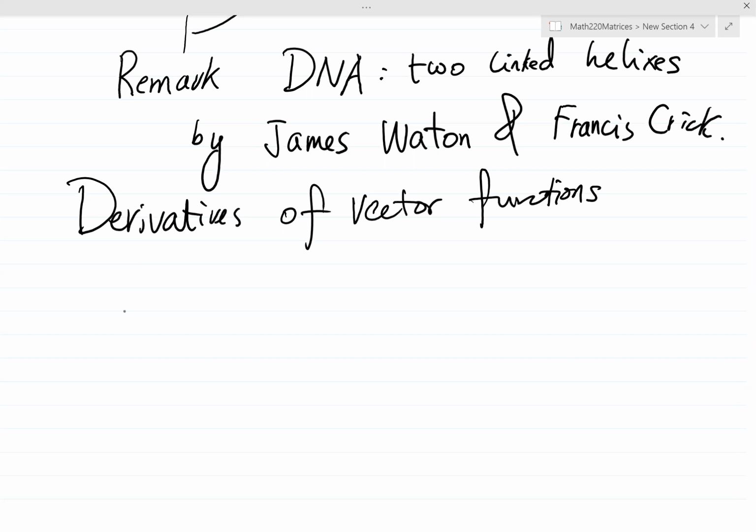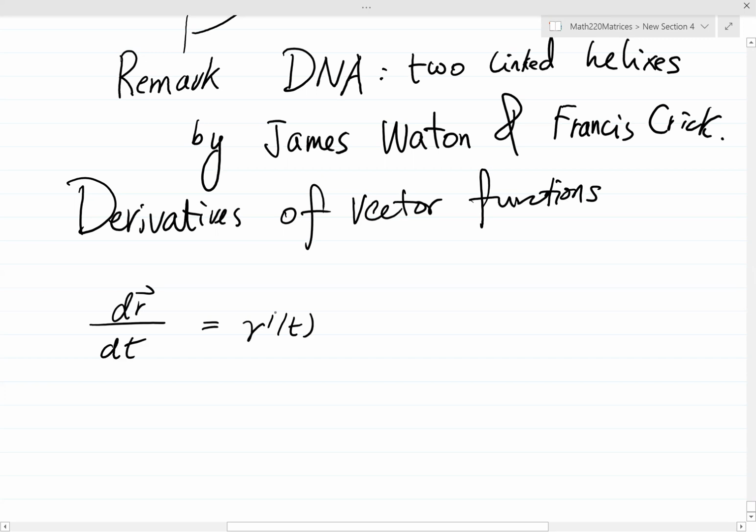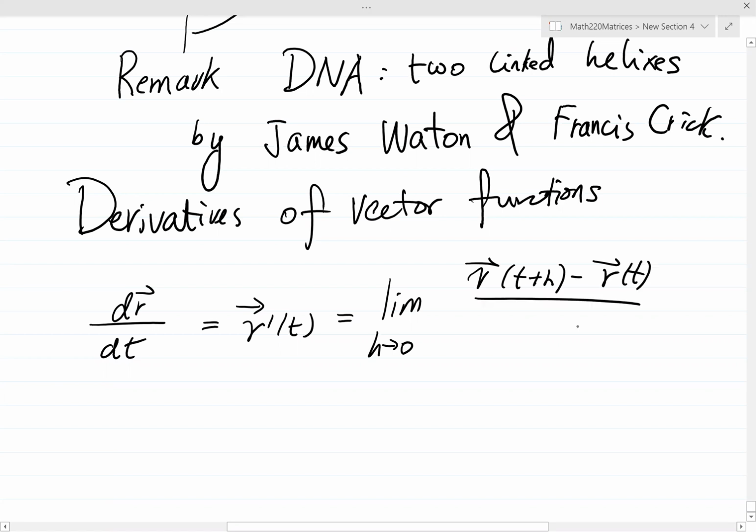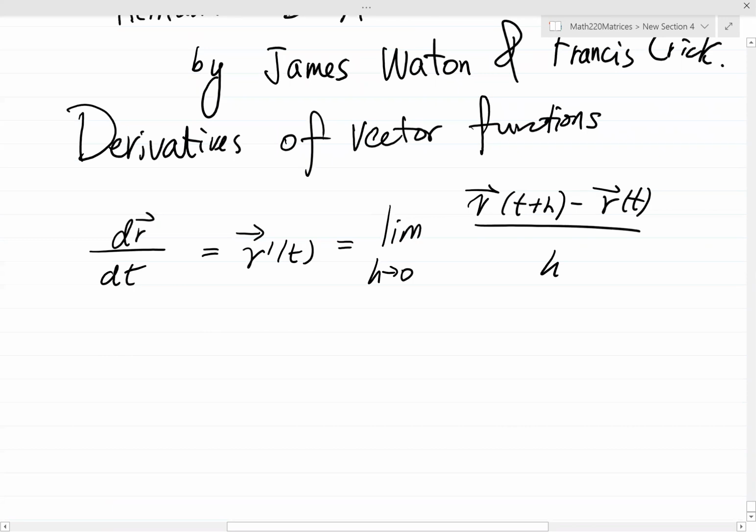So dr over dt, which is r prime of t, uses the definition: the limit as h goes to 0 of r(t plus h) minus r(t) over h. So this is the tangent vector.